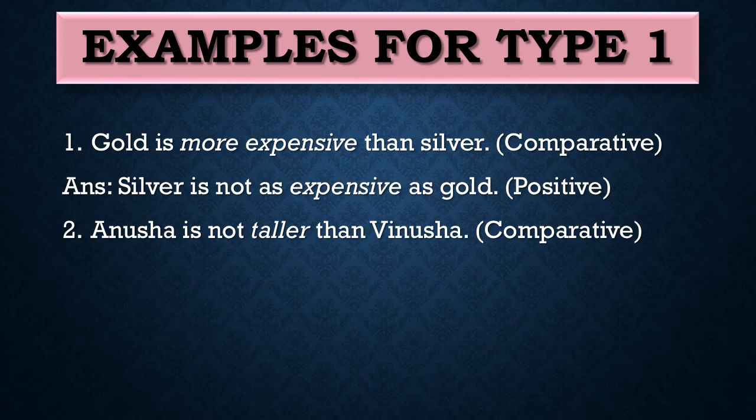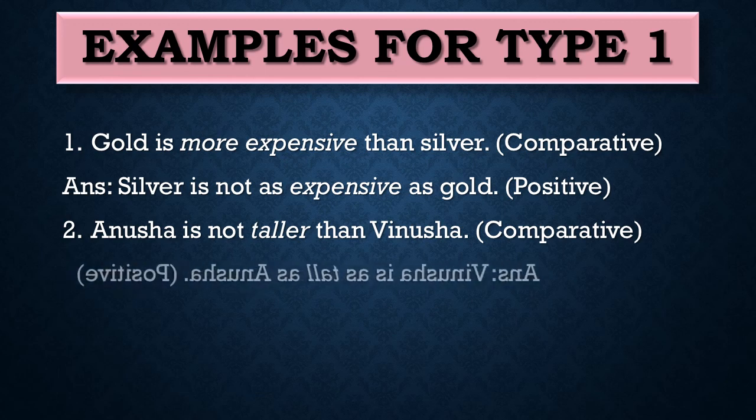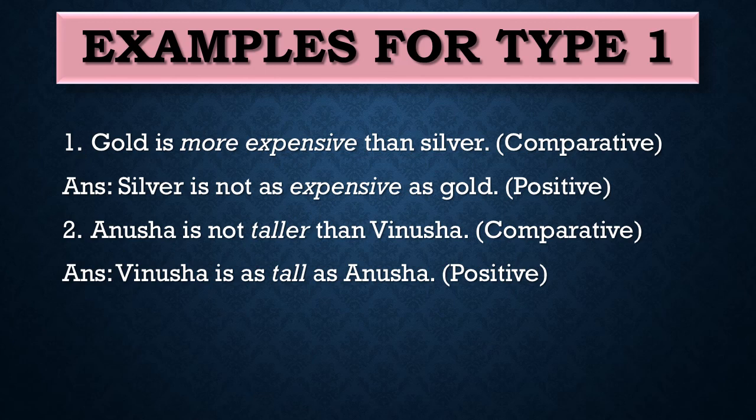So Anusha and Vinusha will interchange and then taller will change to as tall as. That is the positive degree. So, it will change into: Vinusha is as tall as Anusha. So, you can see that the negative sentence has been changed into an affirmative sentence.